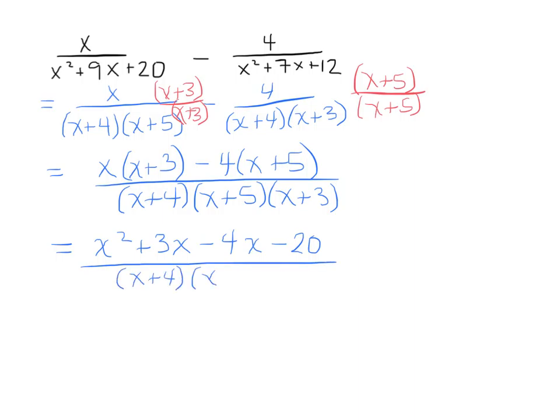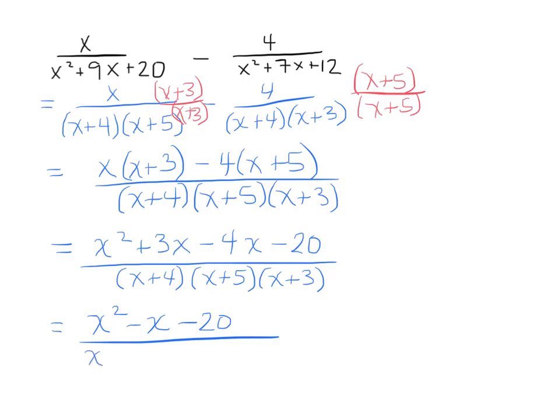And then that same denominator. Combine terms in the numerator. X squared minus x minus 20 over x plus 4, x plus 5, and x plus 3.